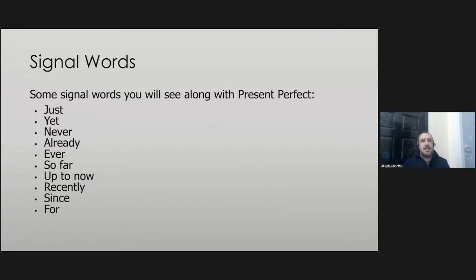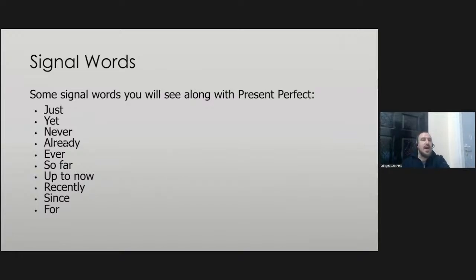Now, one other thing to keep in mind is the signal words that you will see along with present perfect. Signal words are really important to study because they help you. A lot of the times we think of the signal word first. We think about using the word yet, or recently, or maybe up to now, and it can help you to know that with these words, you're usually going to use present perfect. So for example, with yet, you can say, I haven't done the homework yet.